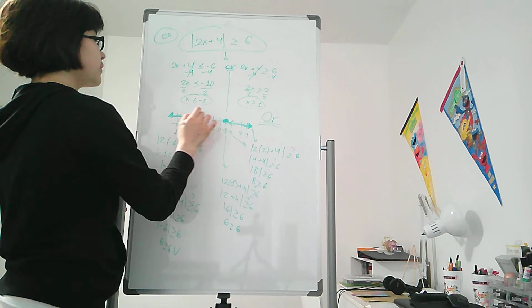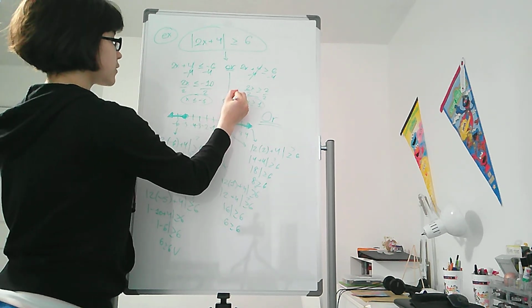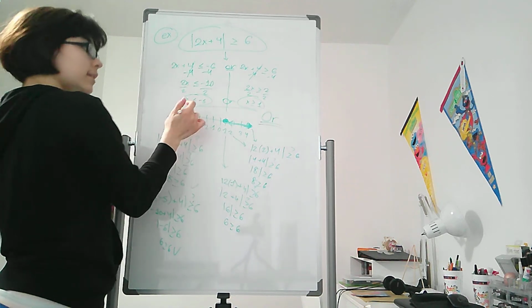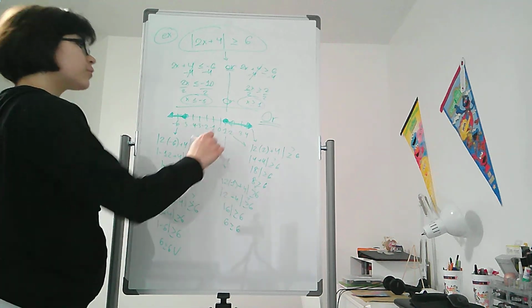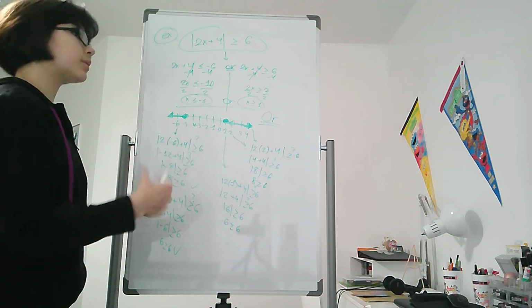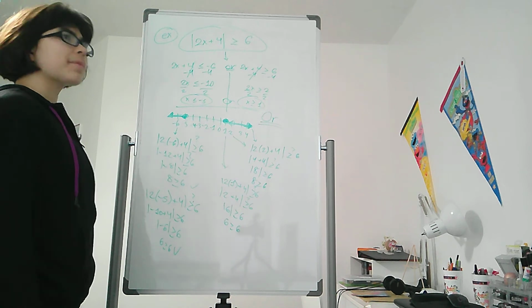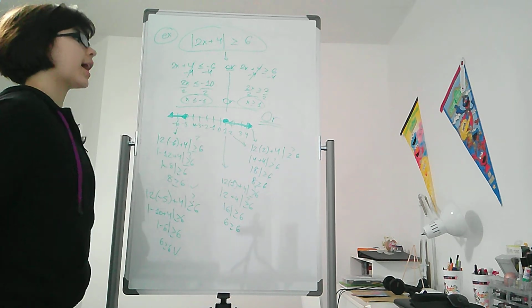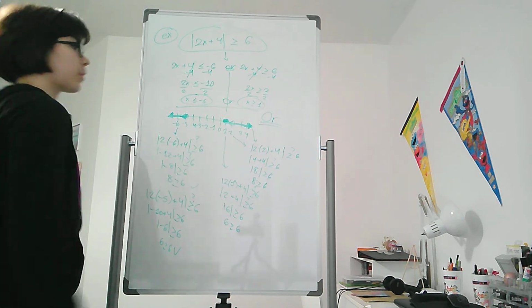So therefore, this is the set of solutions that checks out. So this is how you would write your solution. X is less than or equal to negative 5, or x is greater than or equal to 1. The reason you can't put them together like we did with the and inequalities is because that wouldn't work. You can't say something is less than negative 5 and greater than 1. Therefore, they have to be separate, and we say or.